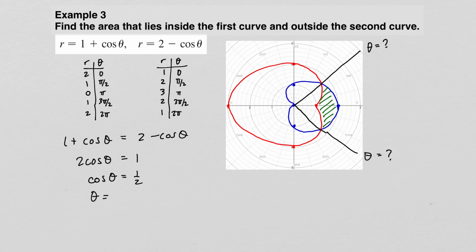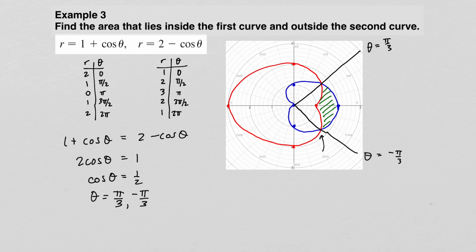And in the first quadrant, this occurs when theta is pi over 3. And in the fourth quadrant, this occurs at negative pi over 3. Now, please note that I could have said 5 pi over 3, but we want one continuous interval here. So we're going to say negative pi over 3 for this angle and pi over 3 for the other angle.